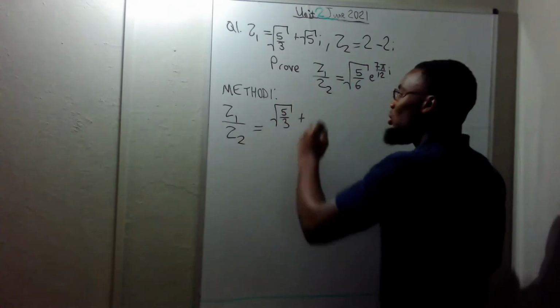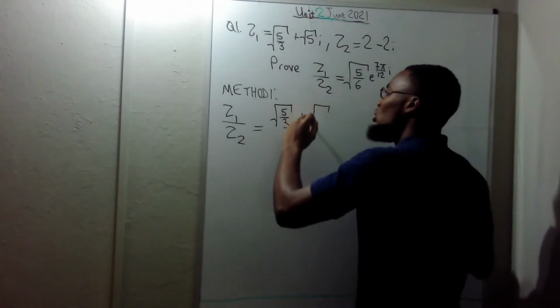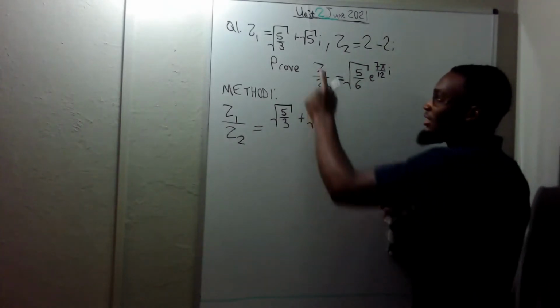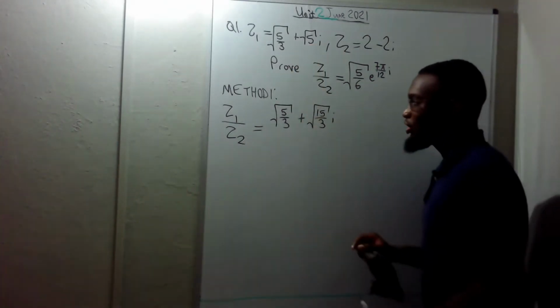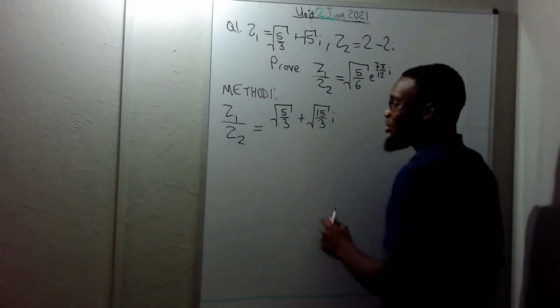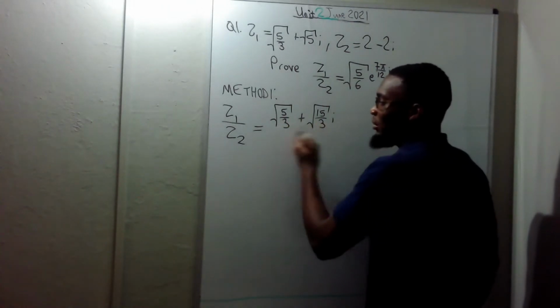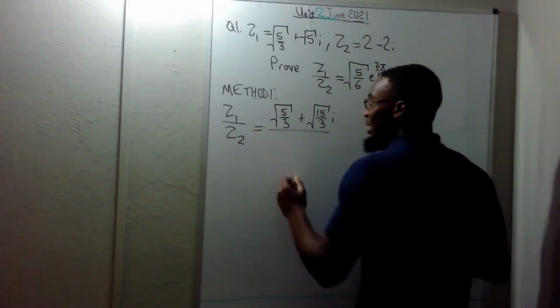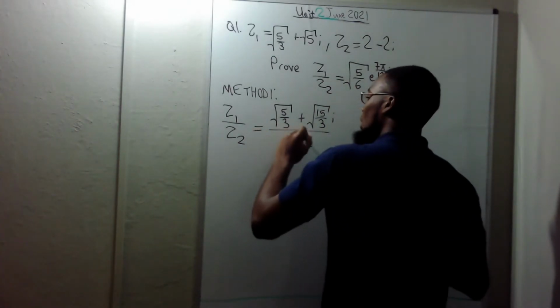I can rewrite root 5 as root 15 over 3, because 5 is 15 over 3. I do that because it makes it easier when I rationalize, divided by 2 minus 2i.